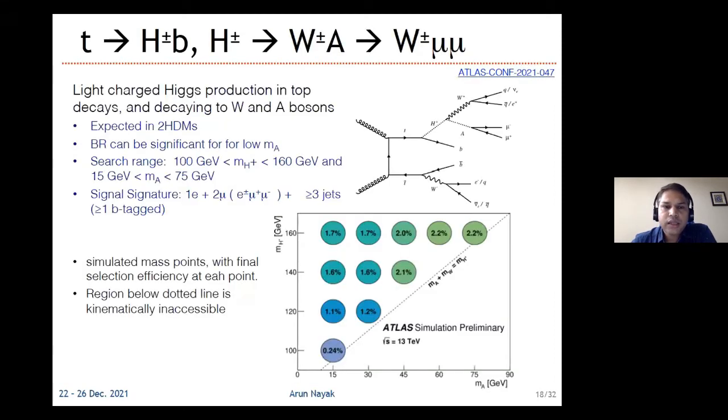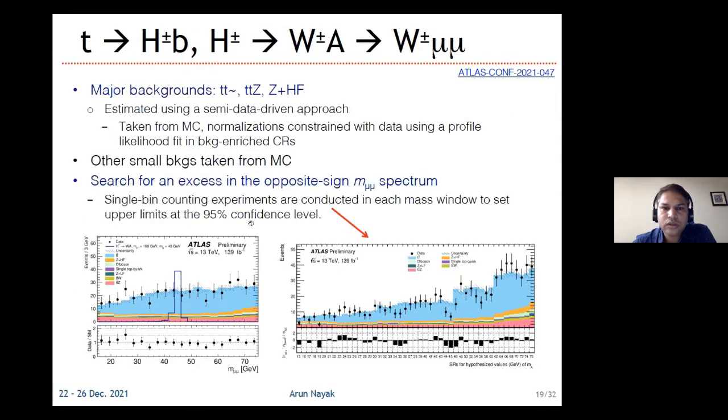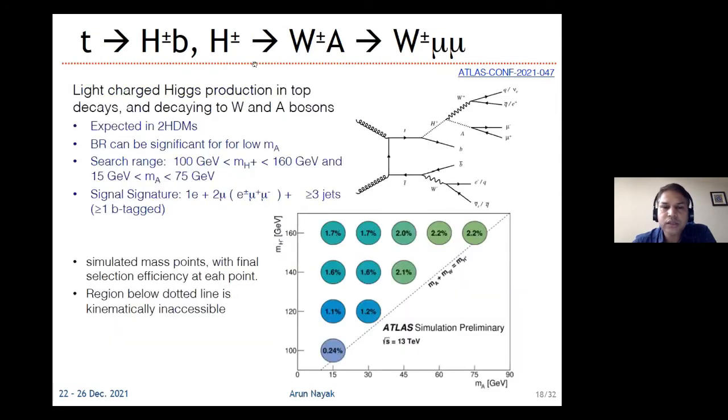Okay, and then the next one is again for the low mass Higgs, but here the charged Higgs decays to a W boson and a pseudoscalar A, where the A boson decays to a pair of muons.